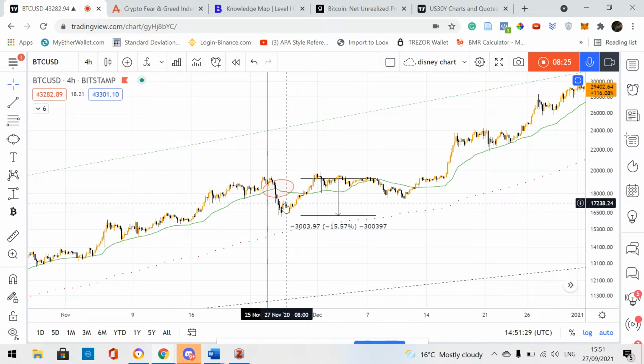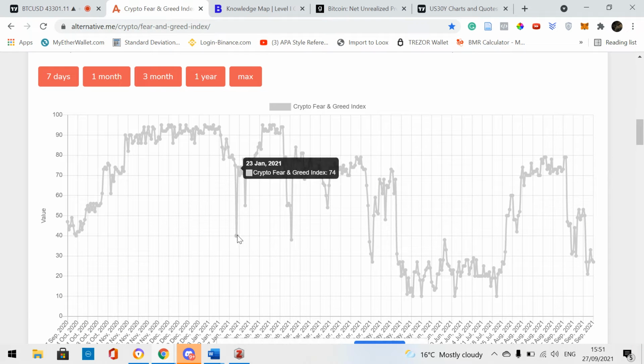However, you would have then lost some profit, because you probably wouldn't re-enter on this dip over here. This was the 26th of November, and the price wasn't even going down. The fear and greed index was still above 80, 70.